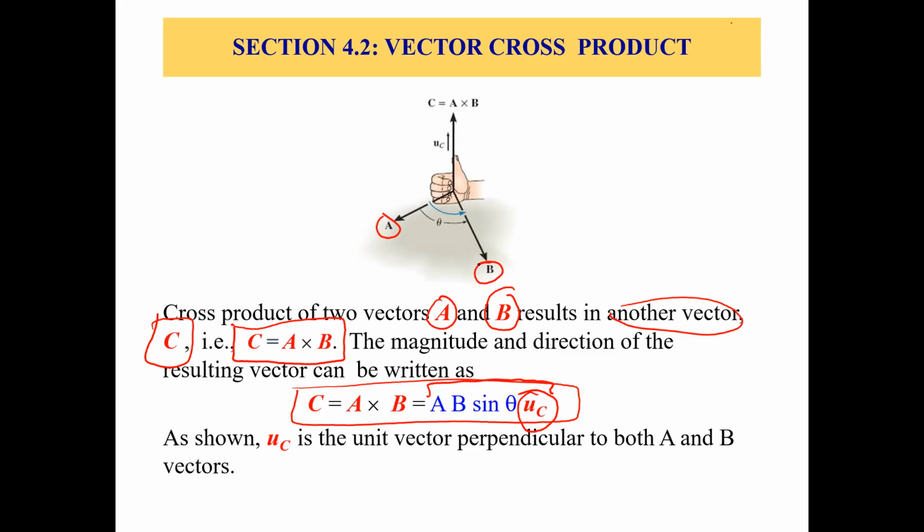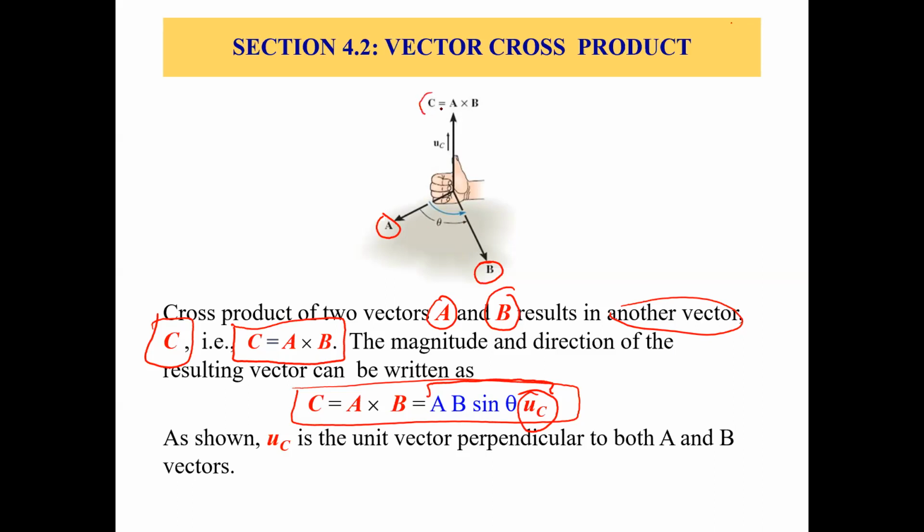Now you need to curl your fingers from the direction of vector A towards the direction of vector B, as shown in this figure. Curl your fingers, and your fingers will curl from vector A towards vector B. If you do that, your thumb will point in the direction of vector C, as shown here.